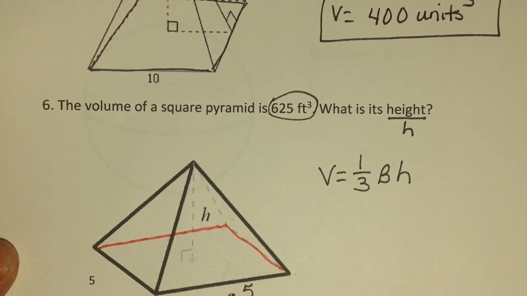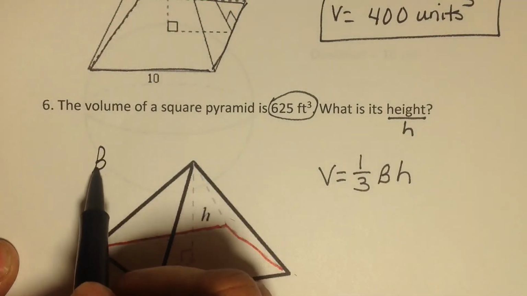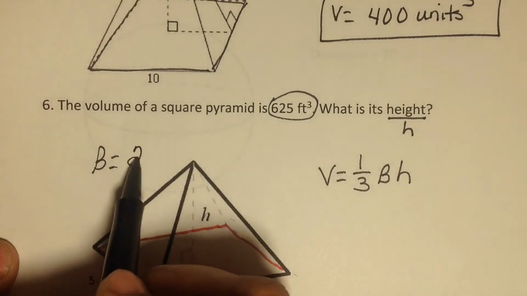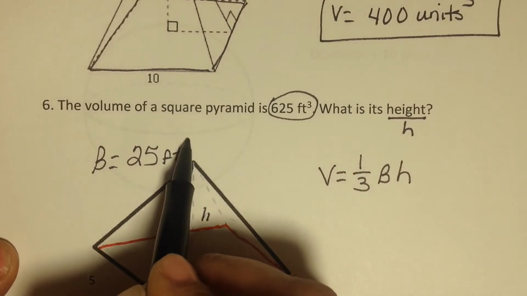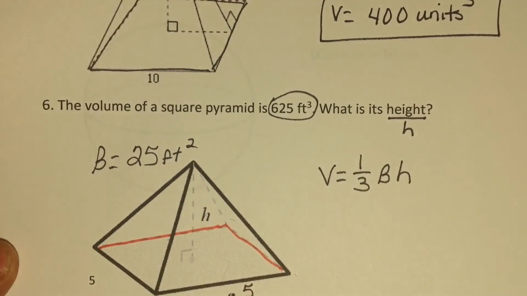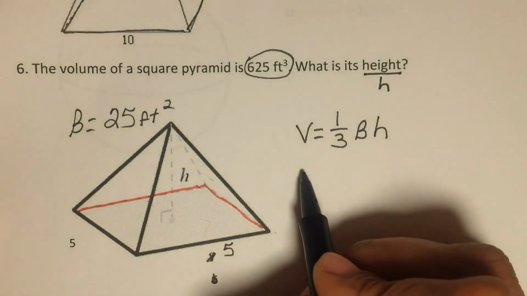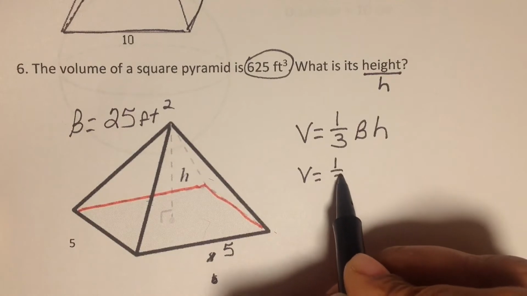Okay, things that I do have. Well, I know that the area of that base is a square, so 5 times 5. So I'm going to say that the area of my base is 25 feet squared. Okay, is that okay if I just do that? Alright, so I get volume is equal to 1/3.